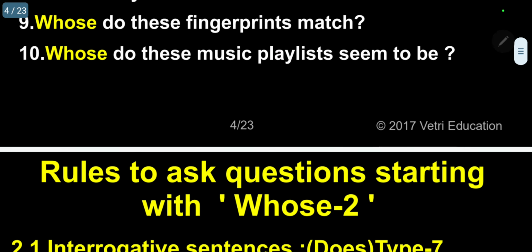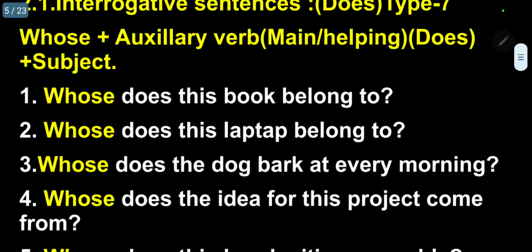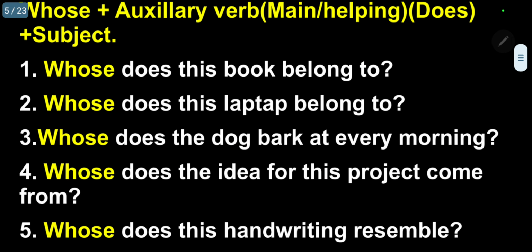Please follow. Now coming to does. As I already pointed out, it is used with the singular. Whose does this book belong to? Belong is the main verb, does is the auxiliary.